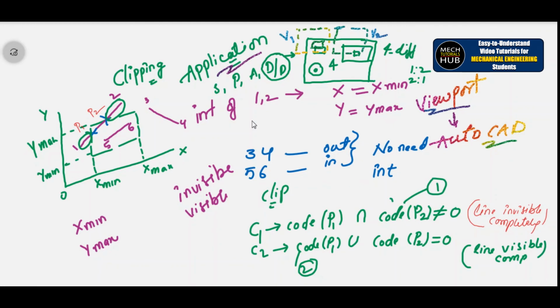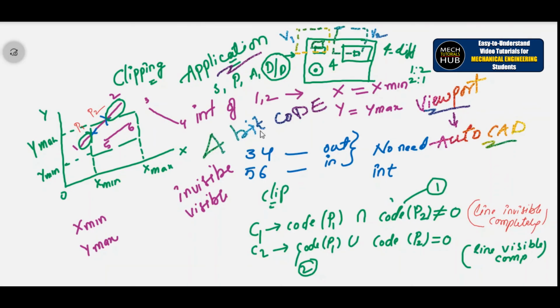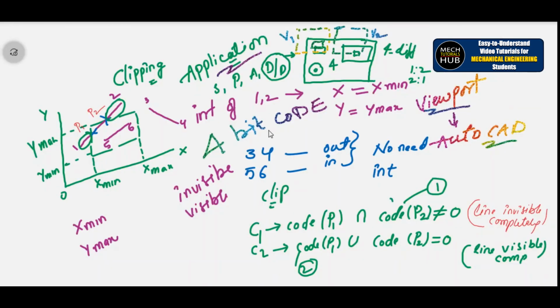The usage of viewports and the presentation may be different from AutoCAD, but more or less the objective is the same. In the upcoming session we will talk about the 4-bit code, which will help you make the entity completely visible or completely invisible. That happens with the 9 different portions of the same screen.